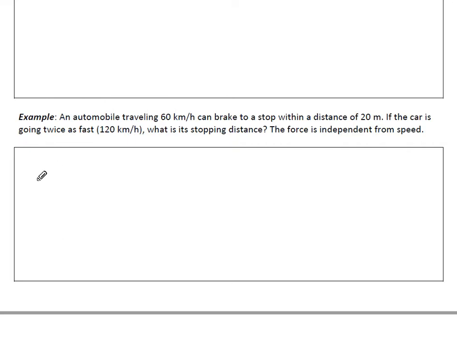For this one, work is equal to force times distance, and that's equal to our change in kinetic energy. Now we're applying a slowing down force, so we're applying some negative work to slow this thing down.